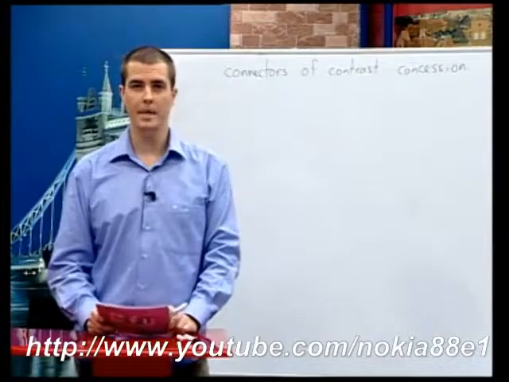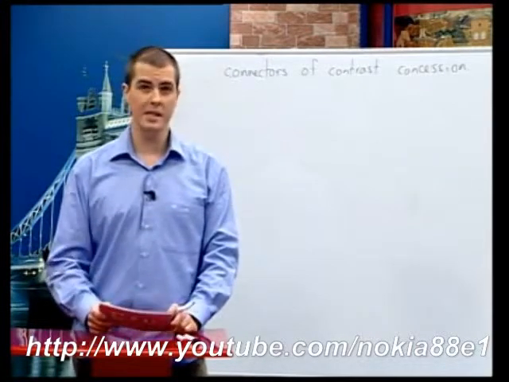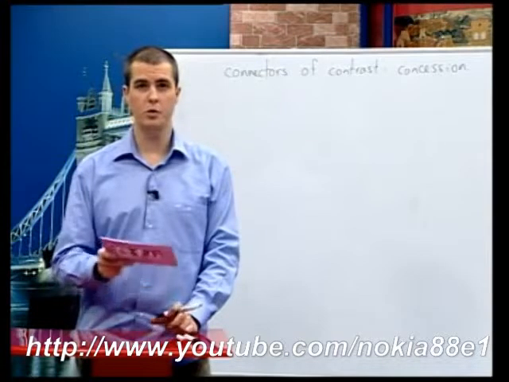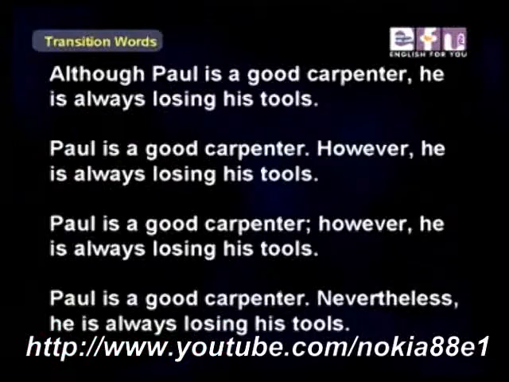Although can begin a sentence or come in the middle. When it begins a sentence, a comma is used after the clause. However and nevertheless usually begin a second sentence. They are followed by a comma. Both clauses can be in the same sentence, as in sentence number 3 of the examples.